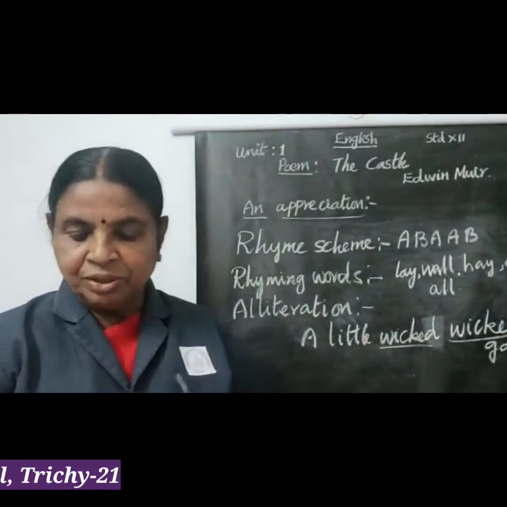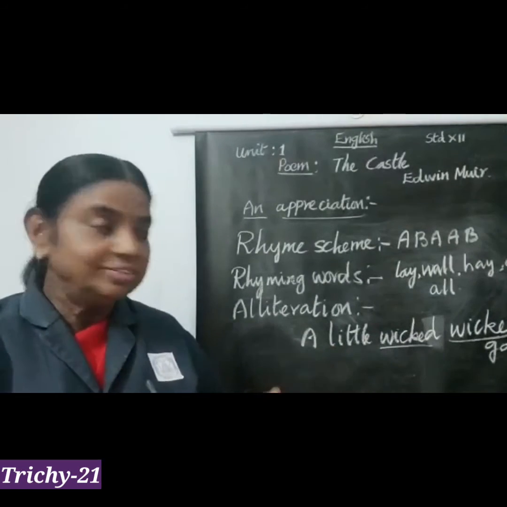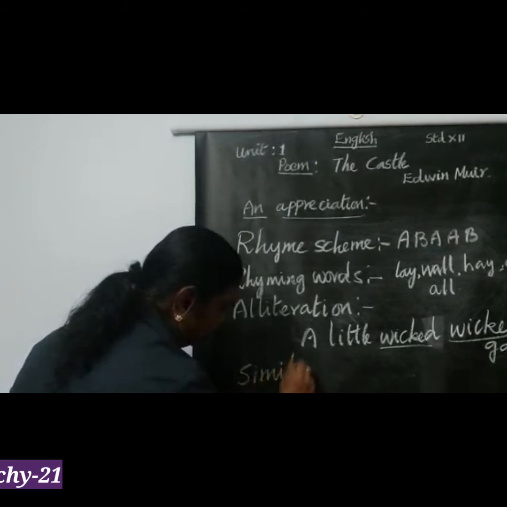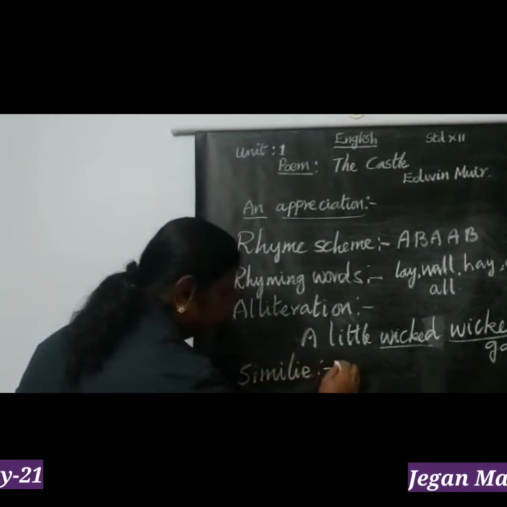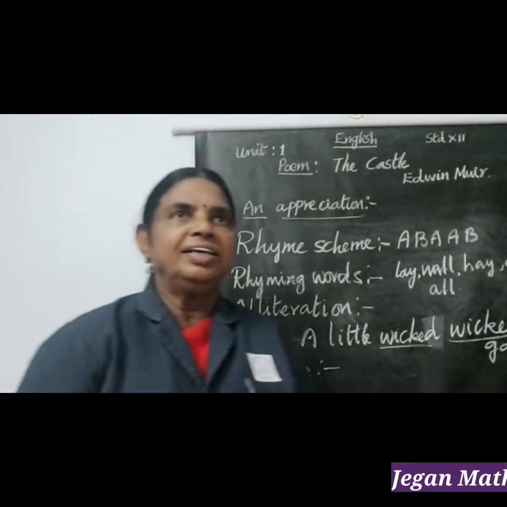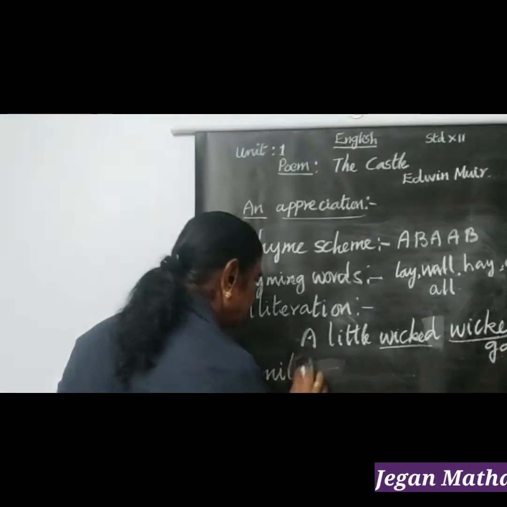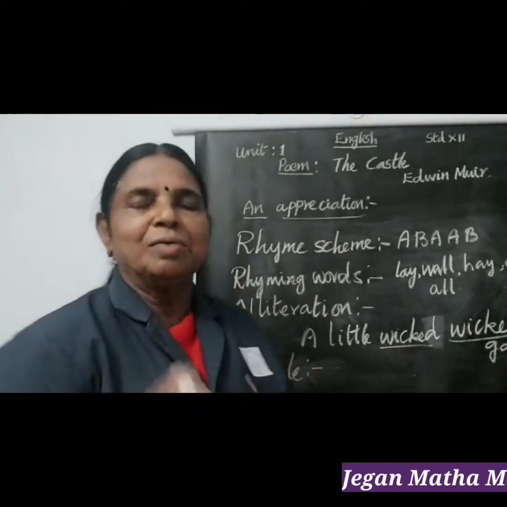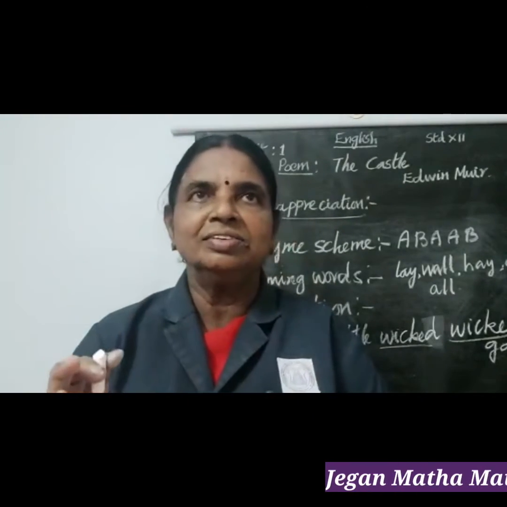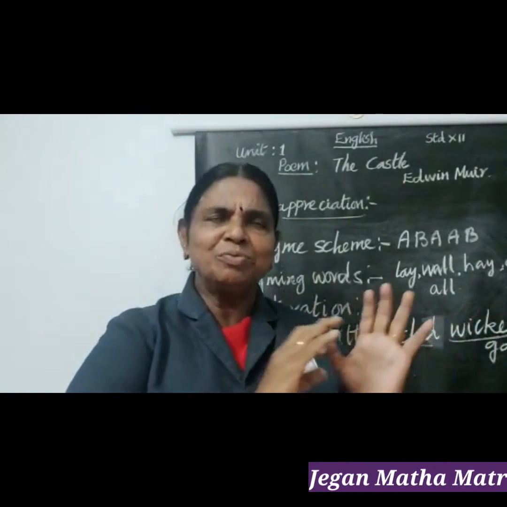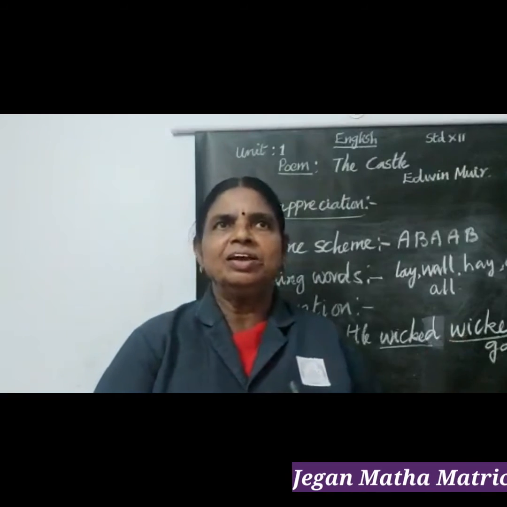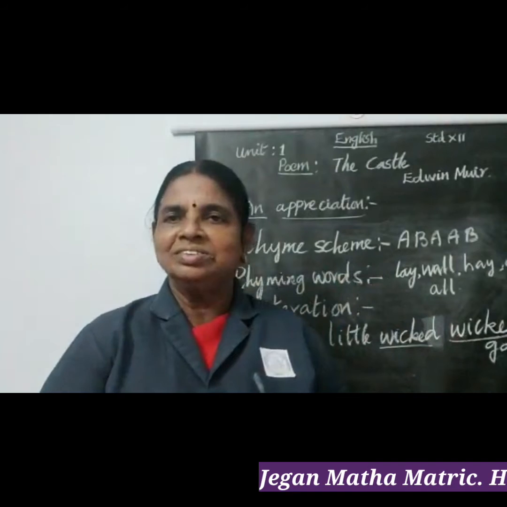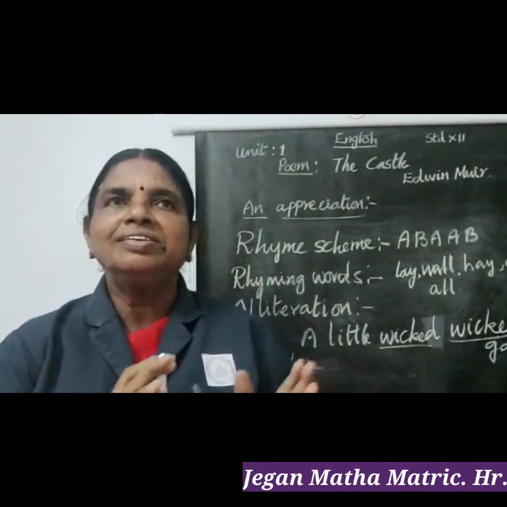Okay. Now we find simile also in this poem. So what is simile? You know what is simile. Simile is the comparison of two objects of different kinds which have some resemblance.